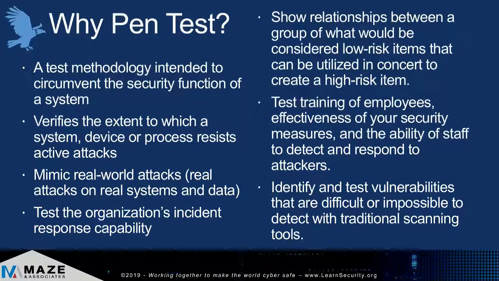So when you go through the process of the pen test, the outcome is to definitively show an organization, look, you have this system, it has this vulnerability, this is the likelihood that it's going to be exploited, here's how difficult that exploit is, and here's what we did.